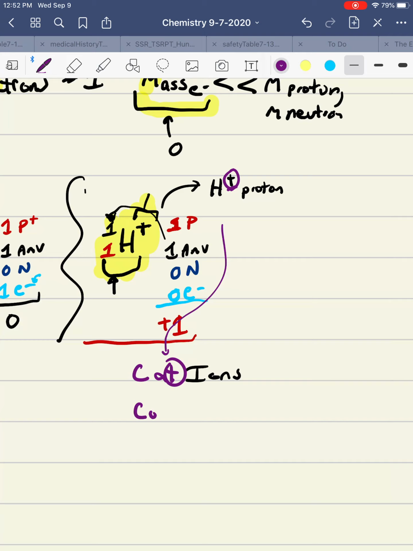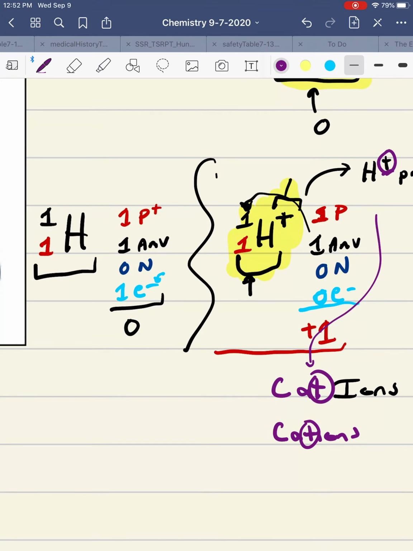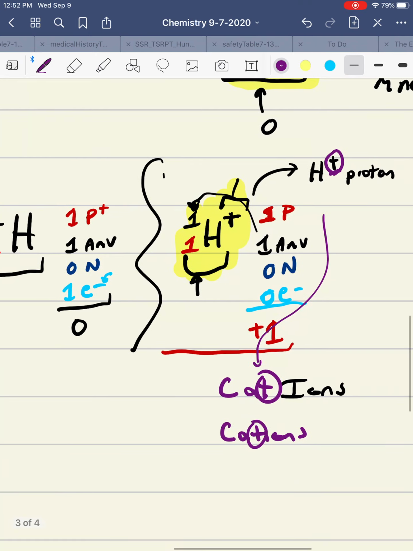So cations, I like the little plus to help me remember what a cation is: a positively charged ion. In other words, it's deficient in electrons. If you have fewer electrons, you're going to have a positive charge, and we call that a cation.